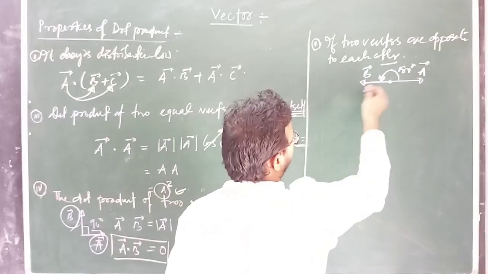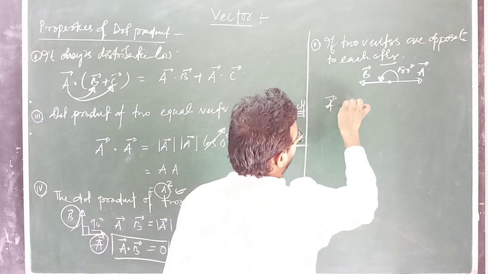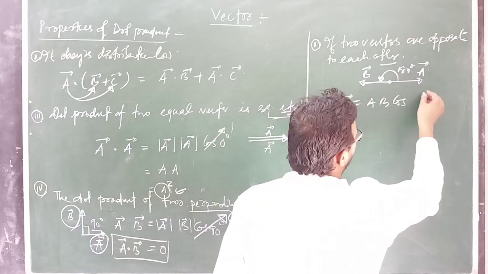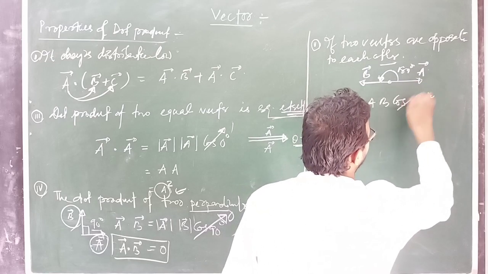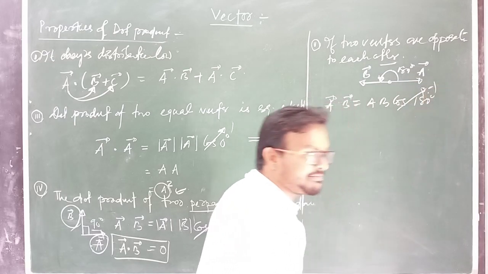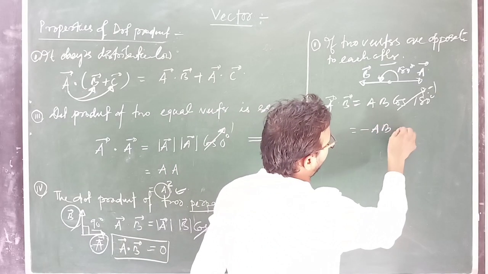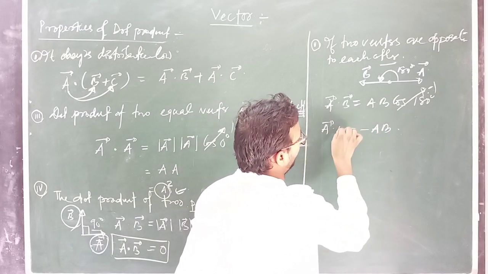So find a dot b. a dot b equals ab cos theta, and theta is 180 degrees, and cos 180 is -1, so we get minus ab.